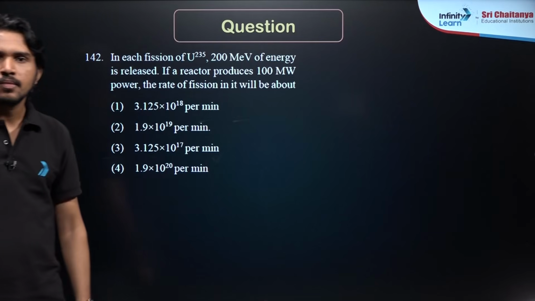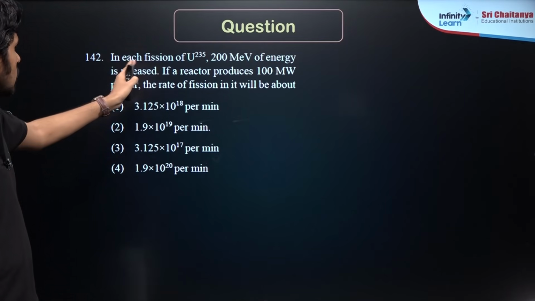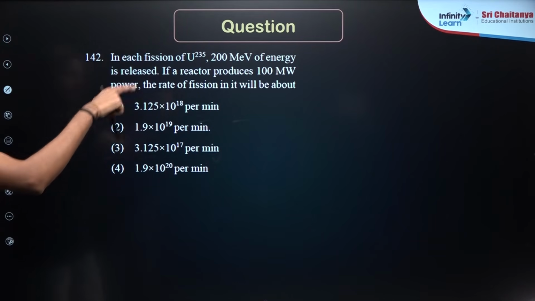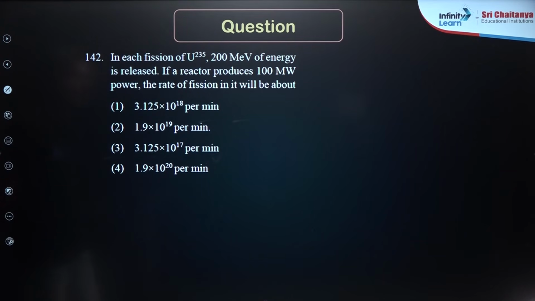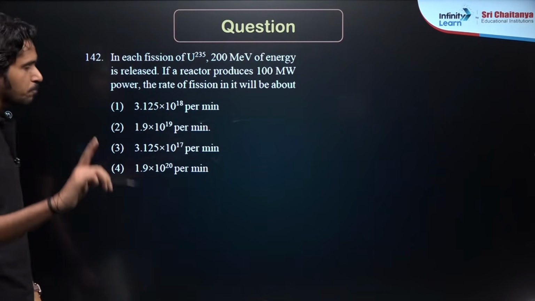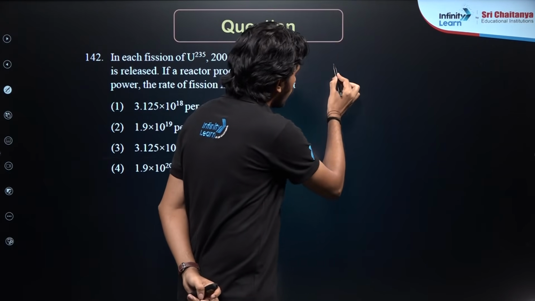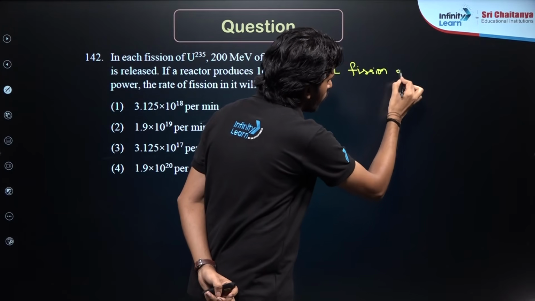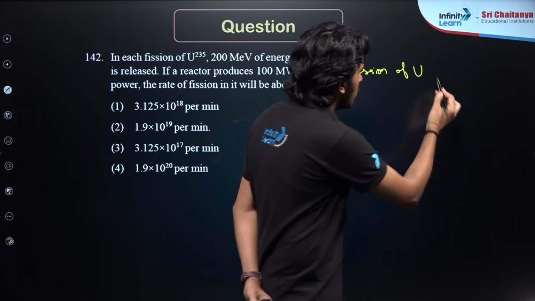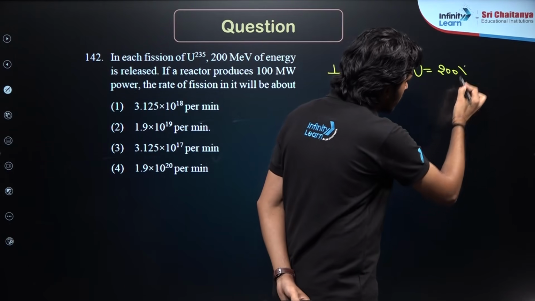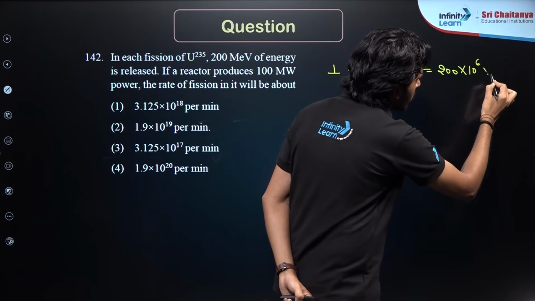Then we have the next problem. In each fission of uranium 235, 200 mega electron volt of energy is released. If a reactor produces 100 megawatt power, the rate of fission in it will be? For one fission of uranium 235, we are getting 200 mega electron volts.